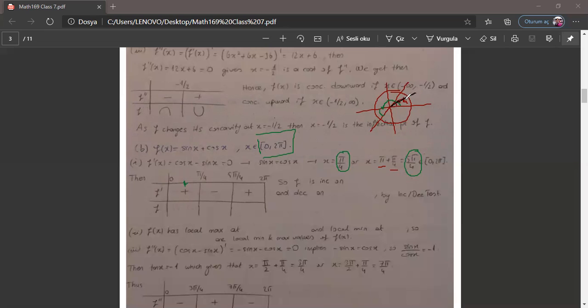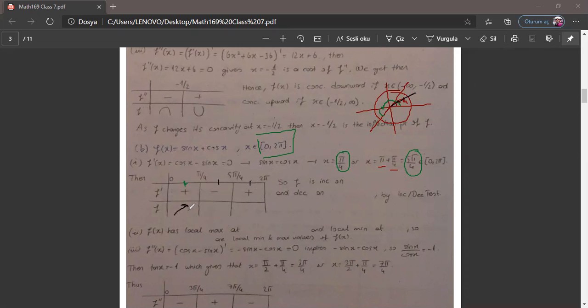So it's something like this. On this interval from 0 to pi over 4, cosine x is greater than sine x, right? That's why f prime is positive here. For each interval, you do the same thing and get the sign of the derivative.